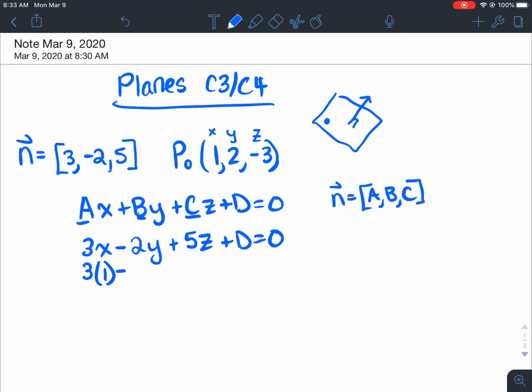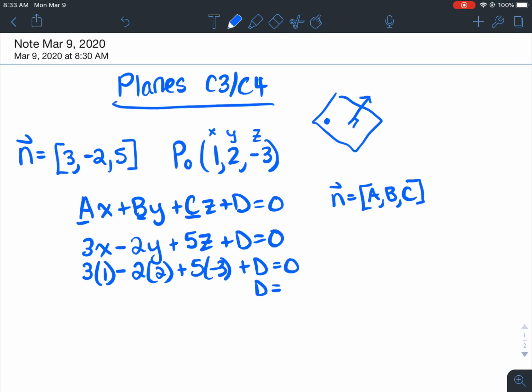So 3 times 1 minus 2 times 2 plus 5 times -3 plus D equals 0, and then we can just solve for D. If we isolate D, we find out that D equals, I think, 15 plus 3, 12 minus 4.